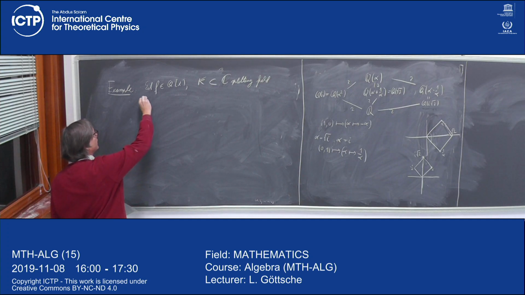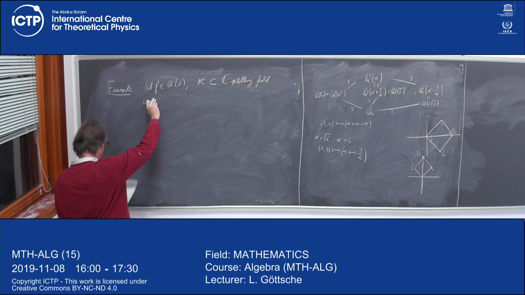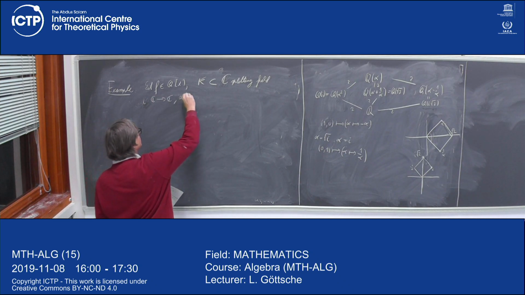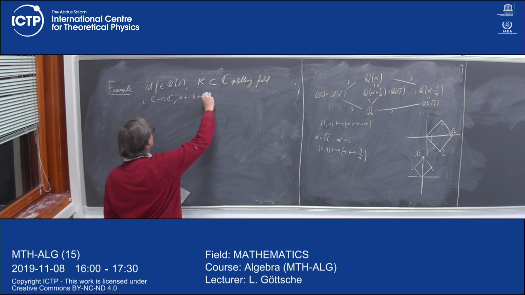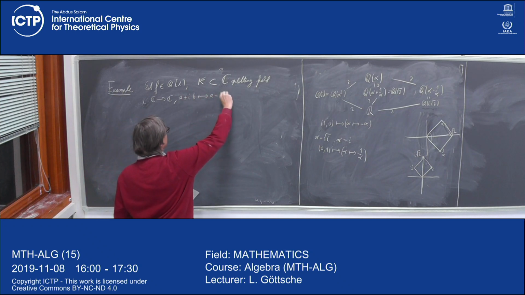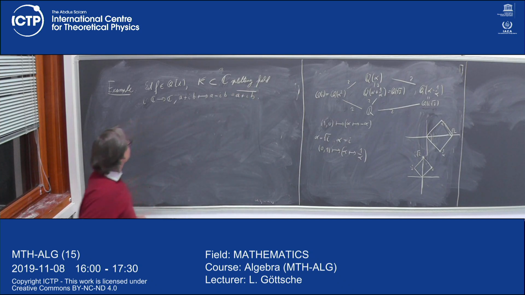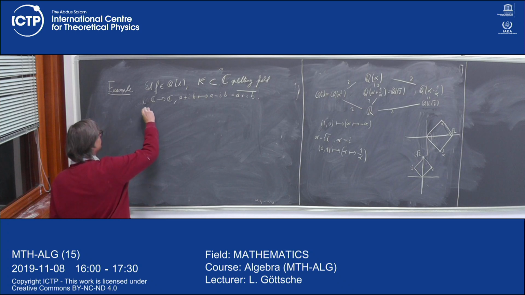We take iota from C to C, which sends A plus IB to A minus IB, complex conjugation.